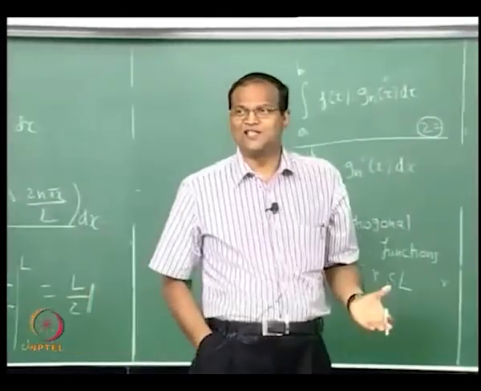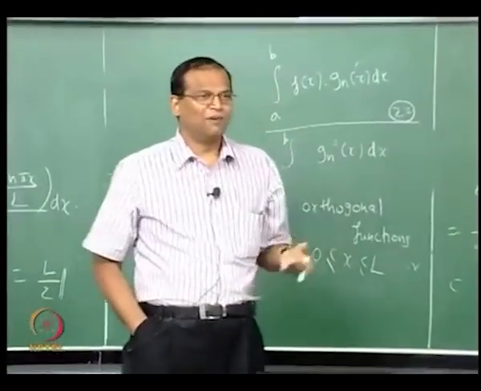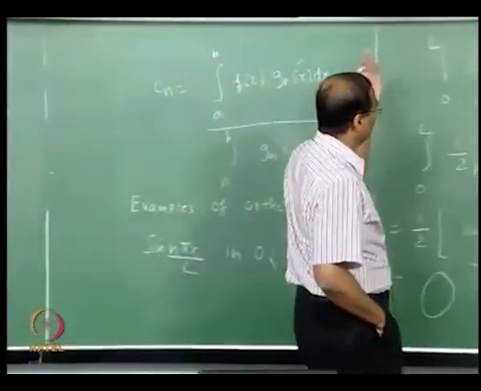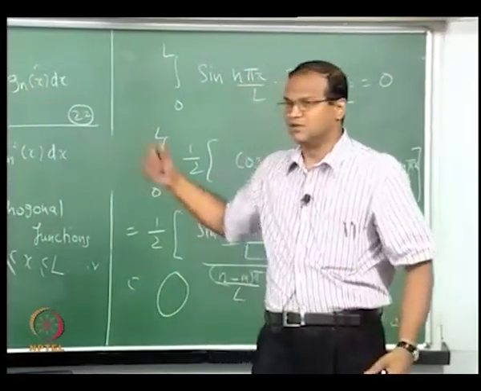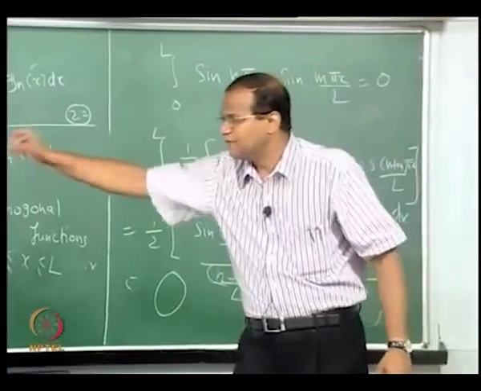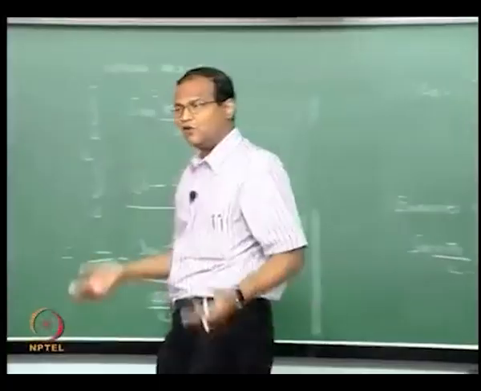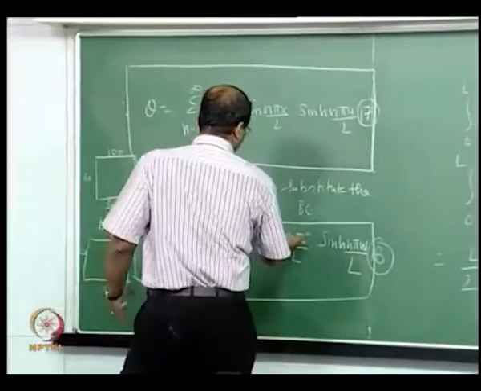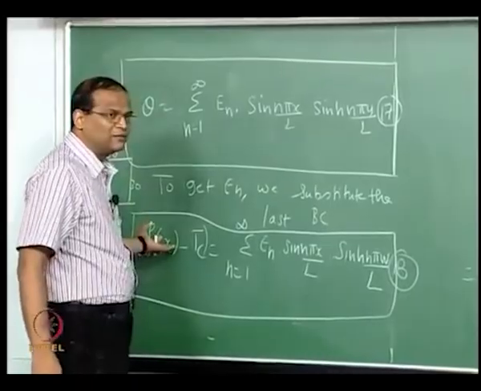Therefore here is one sin n pi x by L which is ideally suited for us. sin n pi x by L into sin m pi x by L, integral 0 to L is 0. When m is equal to n, it is non-zero. Therefore it is possible for us to exploit this property of orthogonality. Fortunately for us, sin n pi x by L is already appearing here and our f of x is also here.